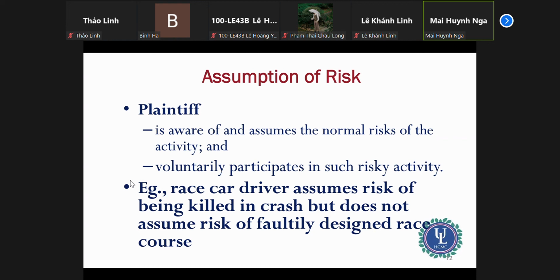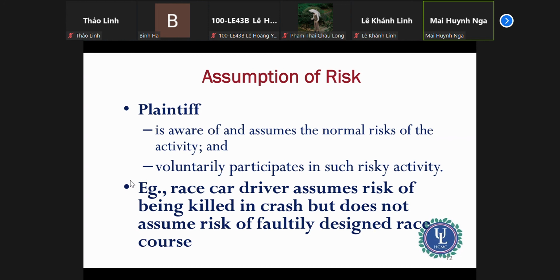And number two is that designing a race course is a process, and they will need a lot of designers, engineers and technical evaluation to make that race course.